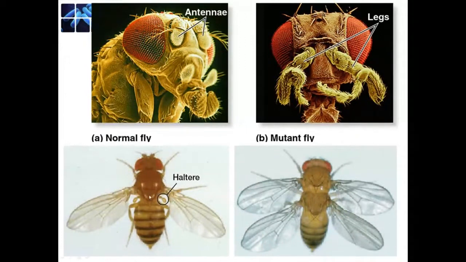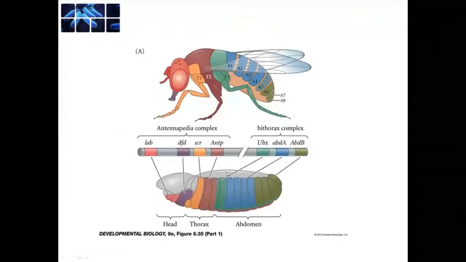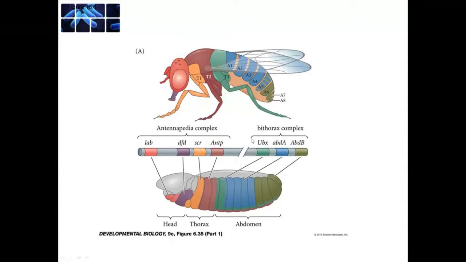So here's another example. If I go back to that original picture, right here in this segment, we express a gene during embryogenesis called ultrabithorax. And it makes this green segment have a leg, and it also makes that green segment have this thing called a haltere. They're really just for balance on the fruit fly.